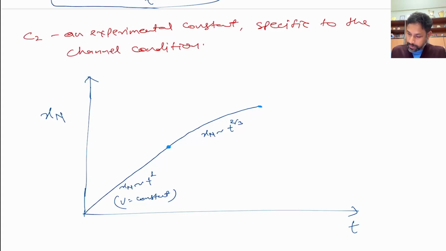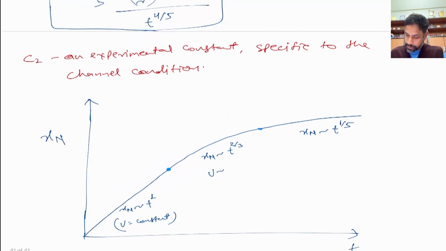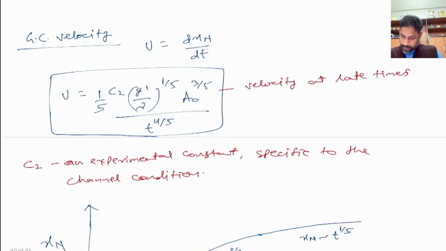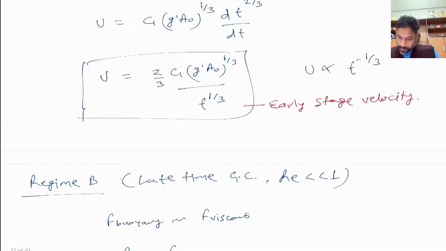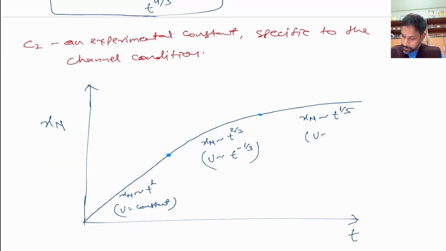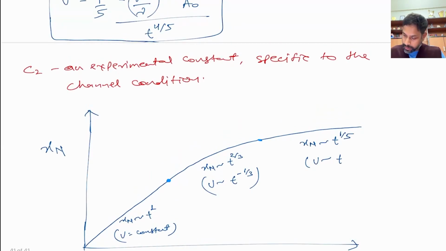Okay, so that is the second zone, and now the third zone can be like this, where xn is proportional to t to the power 1 by 5. Here u is, in the previous case, proportional to t to the power minus 1 by 3, as we saw in case 1, and in this case u is proportional to t to the power minus 4 by 5.